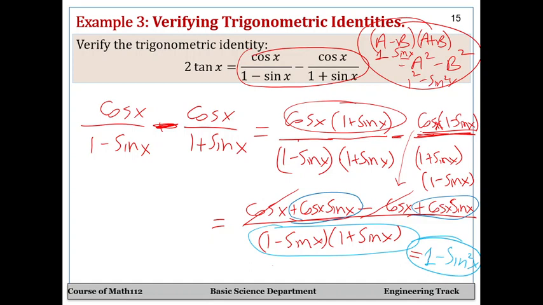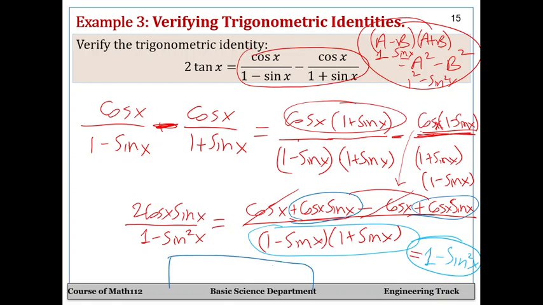So let me write what I got. 2 cosine x sine x, so I'm combining these two, divided by 1 minus sine squared x. What is 1 minus sine squared x? So let's remember this. We know this identity, and here 1 minus sine squared x. So if you send this one to the other side, you will get cosine squared x. So what is this equal to then?